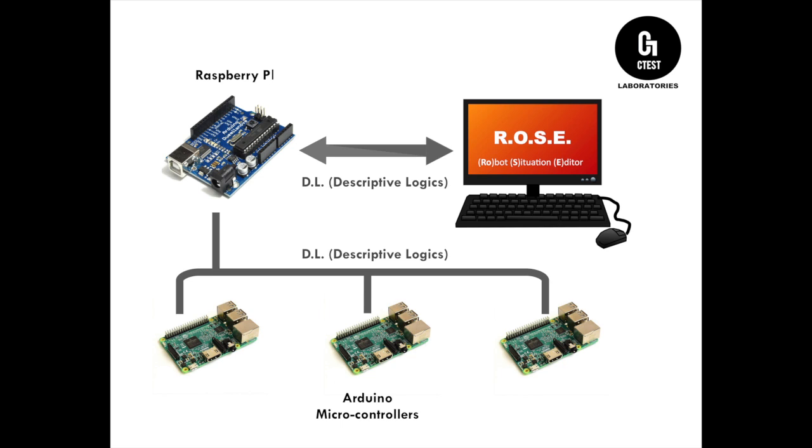And I have descriptive logics here because that's what we use to communicate between all of the subsystems. So if I'm talking between ROSE and the Raspberry Pi, I'm using descriptive logic. You would imagine that in a lot of low-level robot communications, some folks choose to pass ASCII back and forth, or binary strings back and forth.